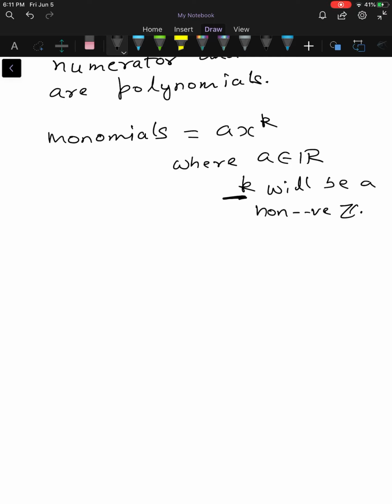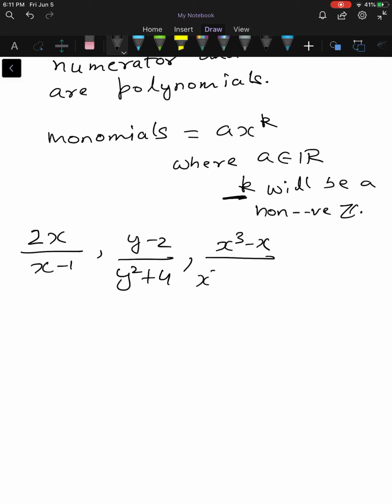Hence, if we consider these examples like 2x over x minus 1, y minus 2 over y square plus 4, x cube minus x over x square minus 5x plus 6, and x divided by square root of x square plus 1.